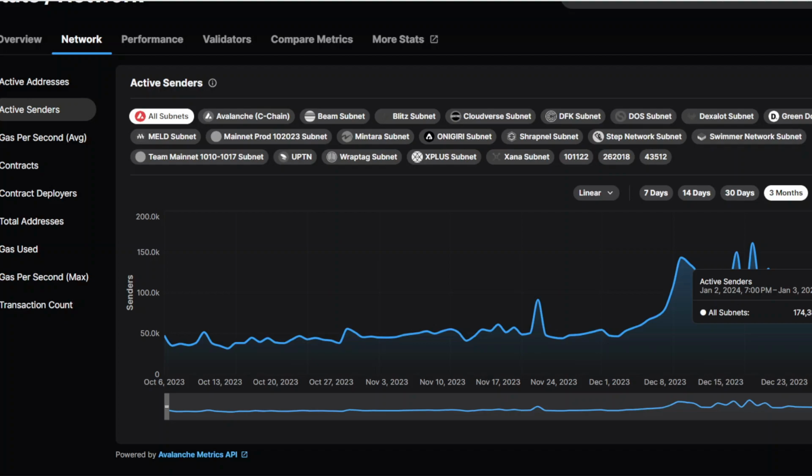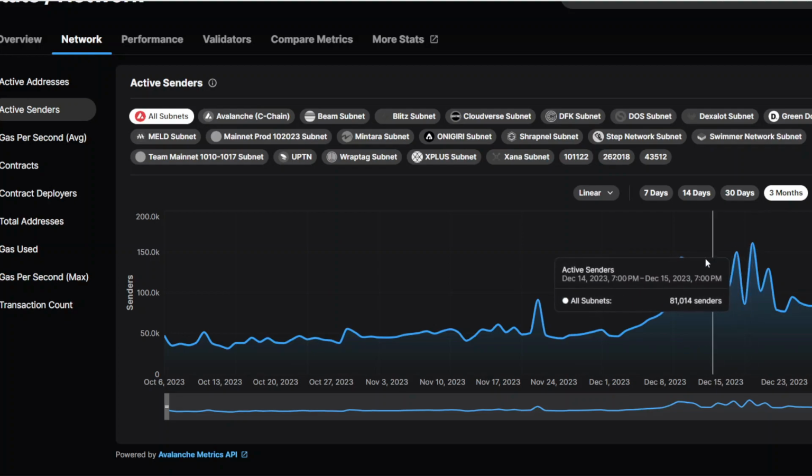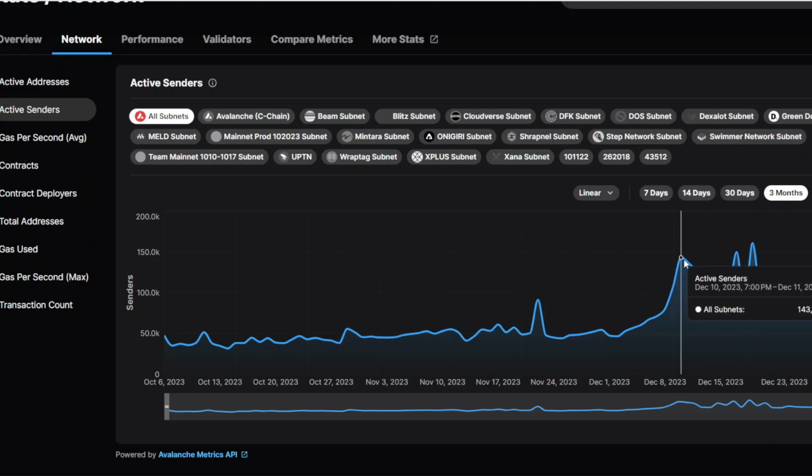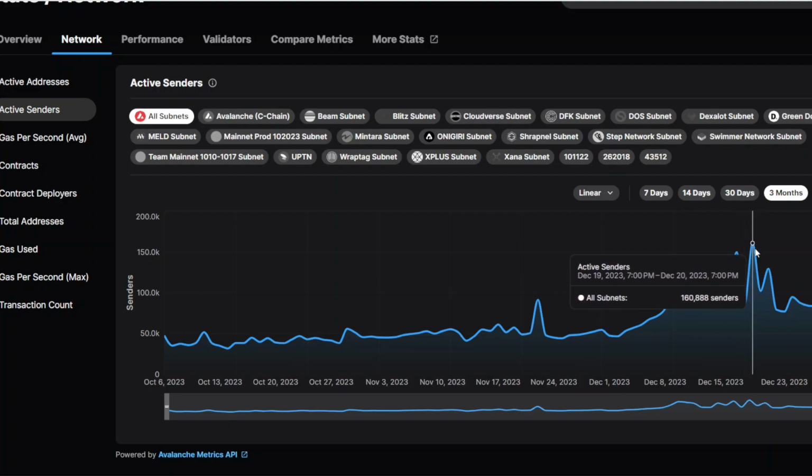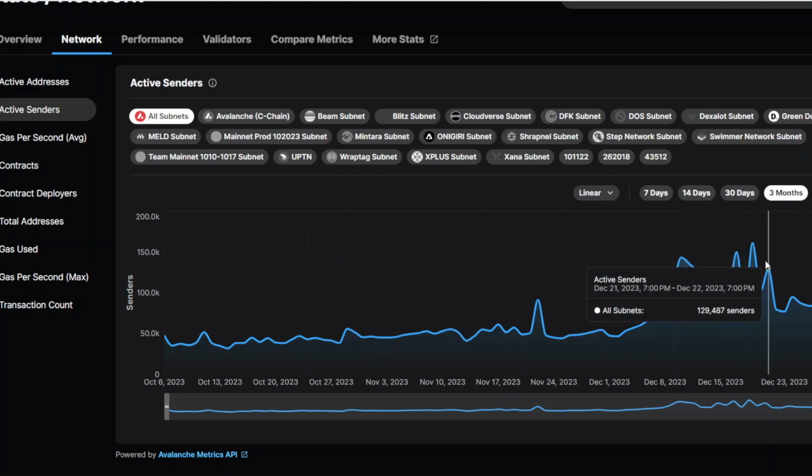Active senders compared to active addresses indicates the number of sales that are at least being executed. Because if there's only one active sender, or a small number of active senders, like there was in the month of December, that usually indicates that there's either nobody selling or nobody transferring their AVAX.